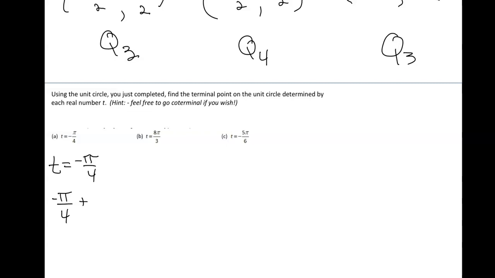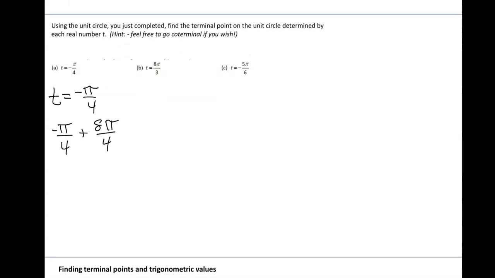So add 2 pi. Okay, just planning ahead. If I add 2 pi, isn't it better to add it as 8 pi over 4? Because then I can actually get the value, which I know is 7 pi over 4.